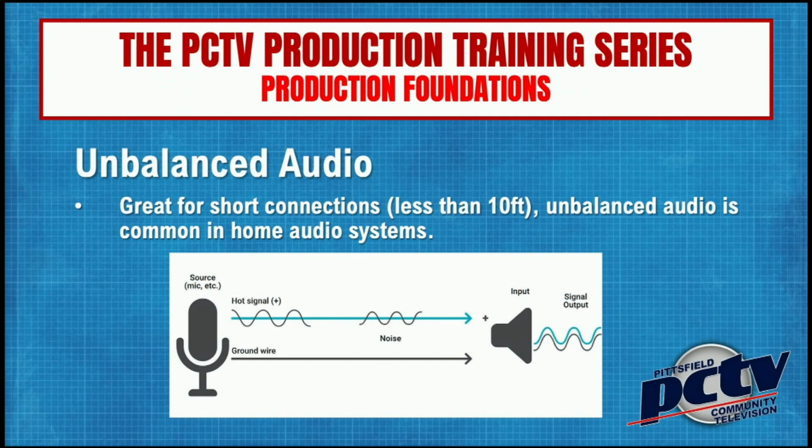So the two major types of audio cable are balanced audio and unbalanced audio. Unbalanced audio functions by having two wires in each cable line. There is what's called a hot signal, or the audio signal that's being created by the microphone, and a ground wire.